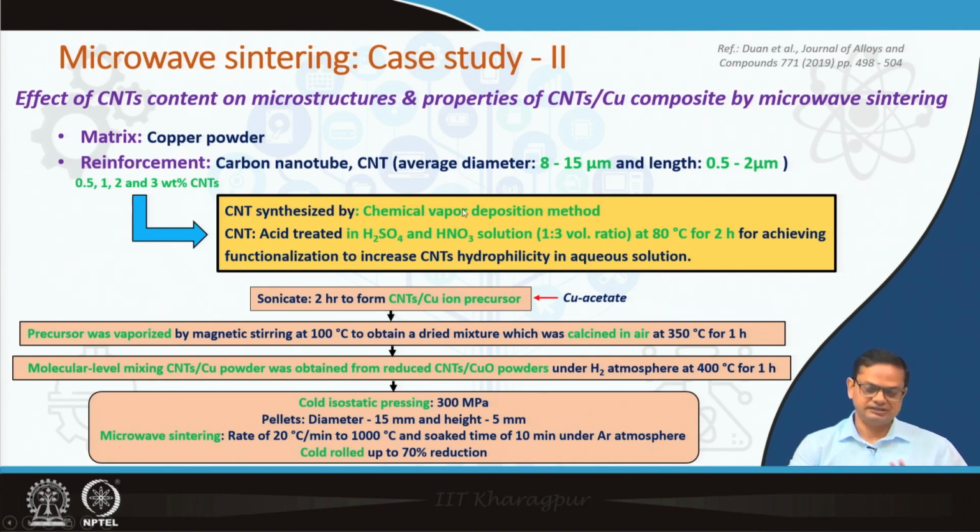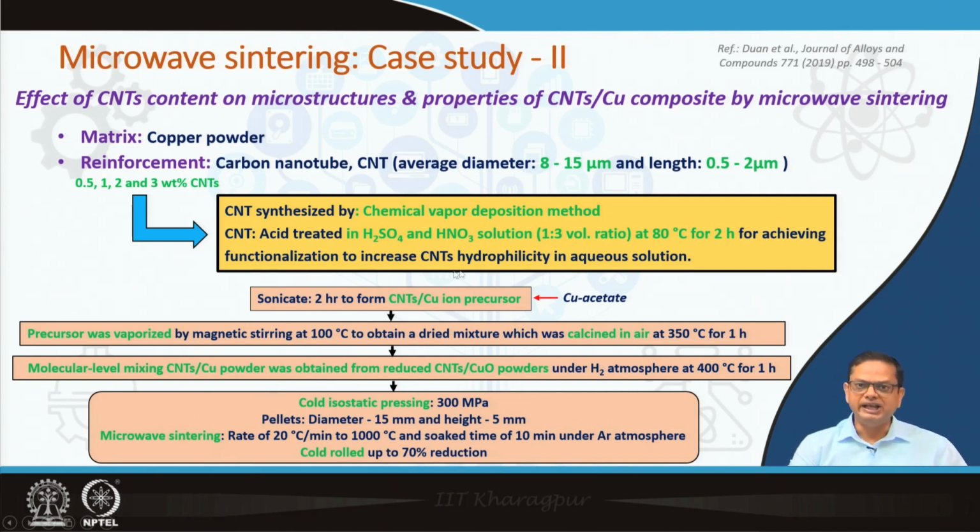After this, once the CNT gets mixed homogeneously with the copper acetate, the solvent gets vaporized and then it is dried and calcined in air. So, that you get a mixture of CNT with copper oxide.